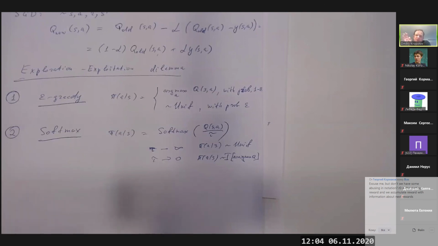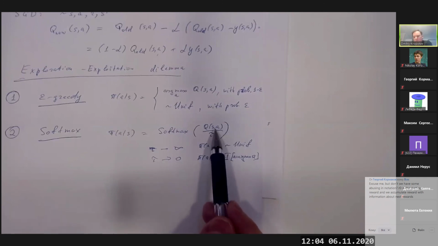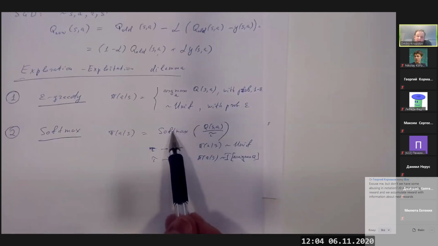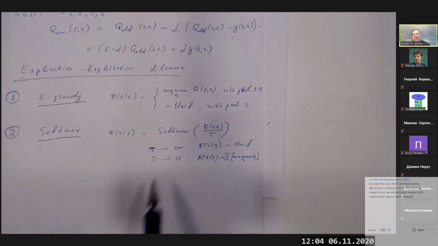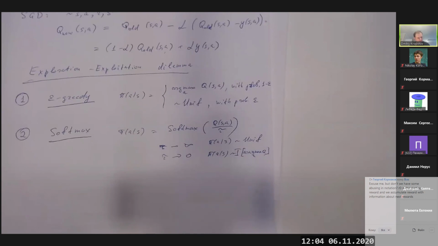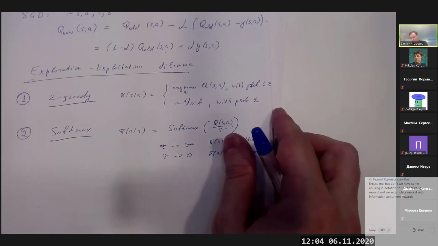So this is not a good idea, and your current estimate of the Q function would be low. Using softmax allows you not to apply the silly actions, the actions for which you already know they are not good, and to look only at actions with reasonable values of the Q function. This is the difference between these two strategies, epsilon-greedy and softmax.